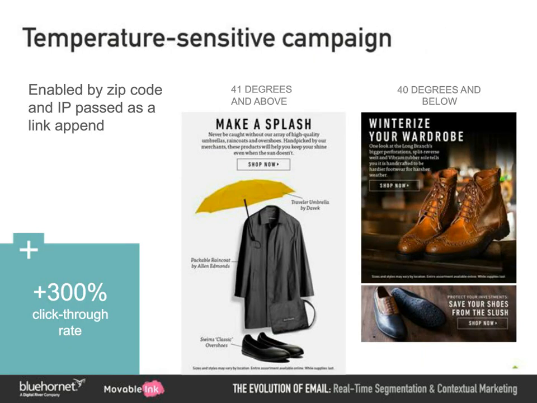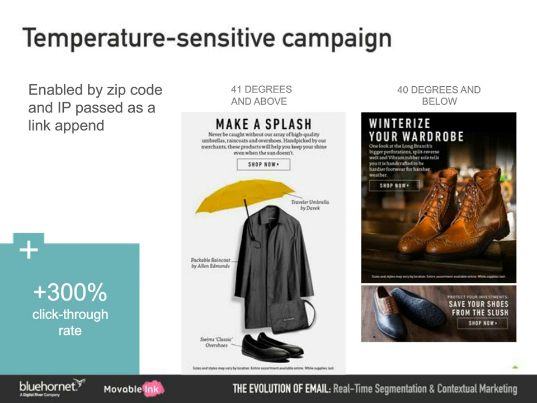This one launched in February of this year, and it was around temperature sensitivity. In the Midwest, and with the majority of our core customers in the Northeast, we're still thinking snow. It snows till the end of March usually. We're still thinking boots and rubber soles, wearing our sweaters and warmer clothing.